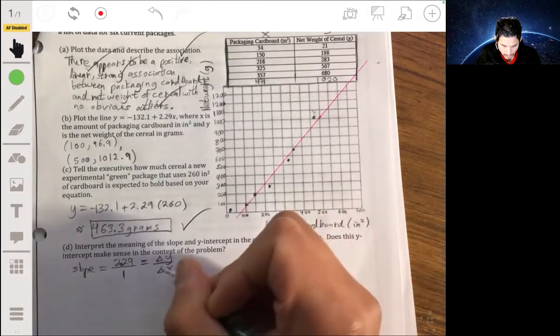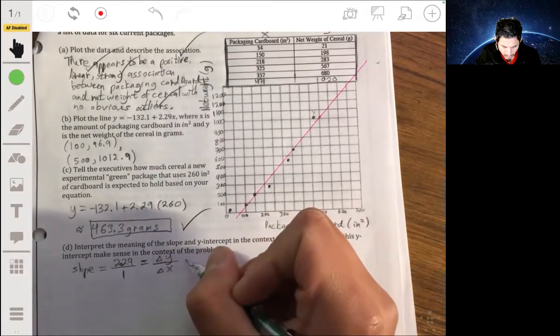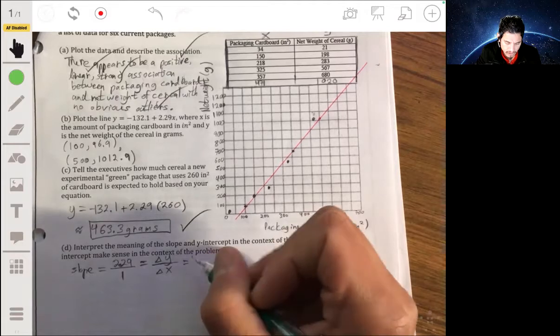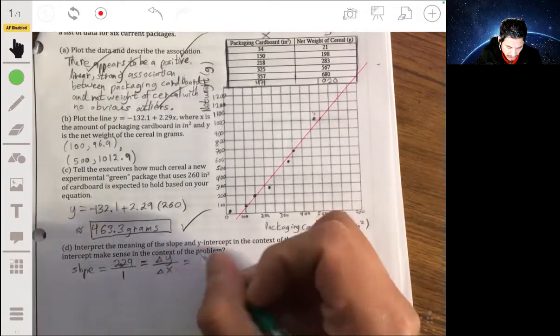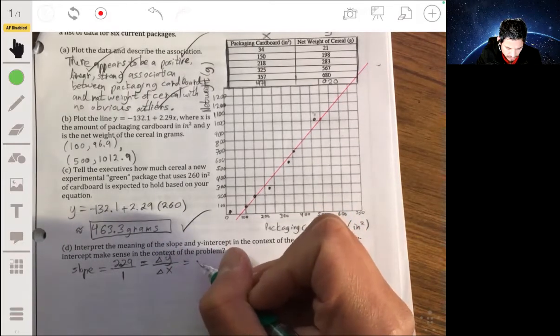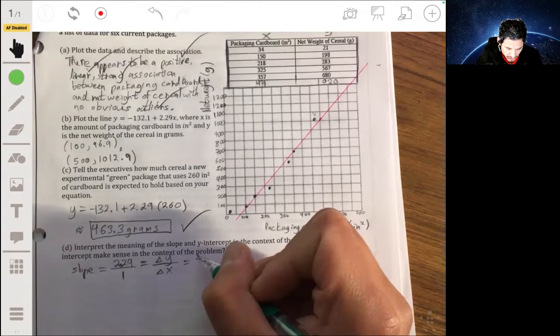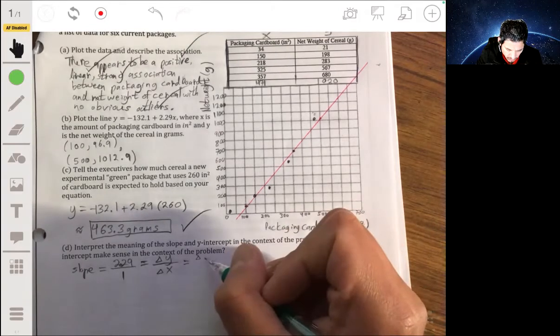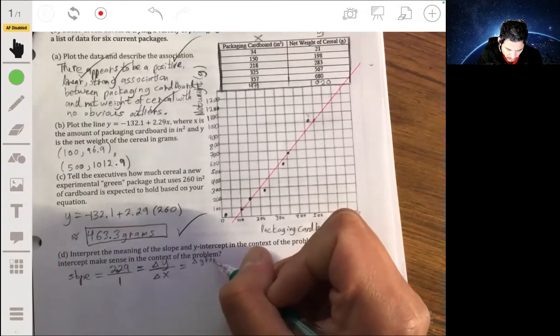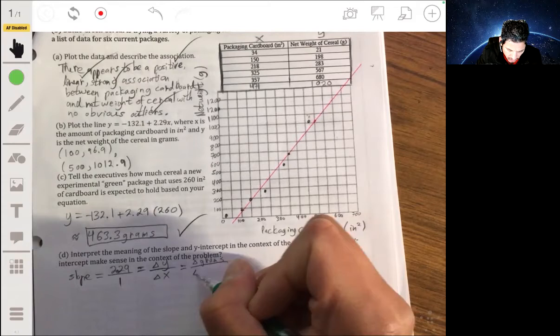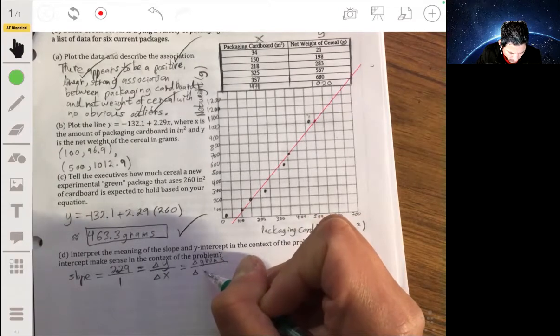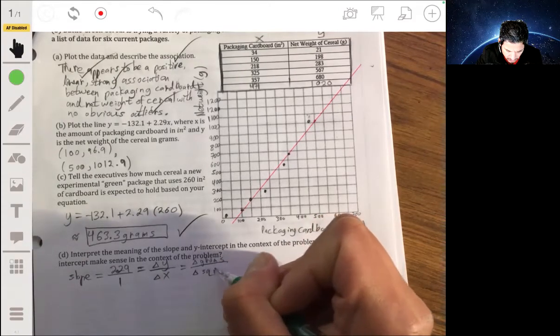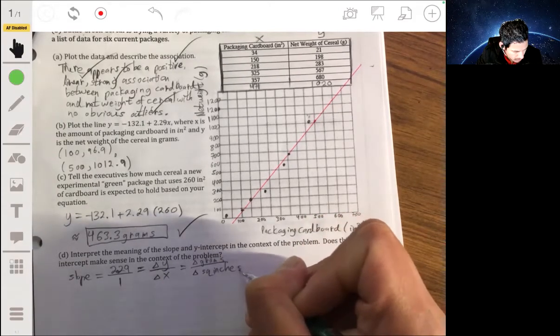And the delta y in this case is 2.29. So that change in grams, you think of it as change in grams over the change in packaging cardboard, or square inches of cardboard.